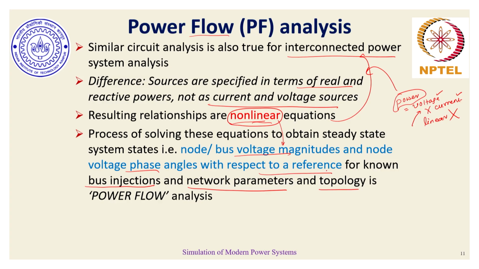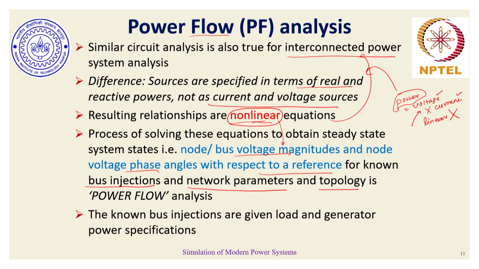So that's where the difference between power flow analysis and circuit analysis comes in. The injections, as I was mentioning, are the given load or generator in terms of their power specifications. So in the power flow module that we will discuss, it will involve nodal injections or bus injections wherein the corresponding load and generator powers would be known.